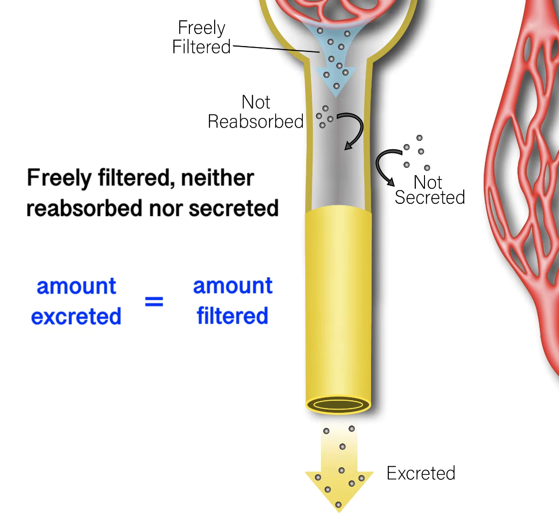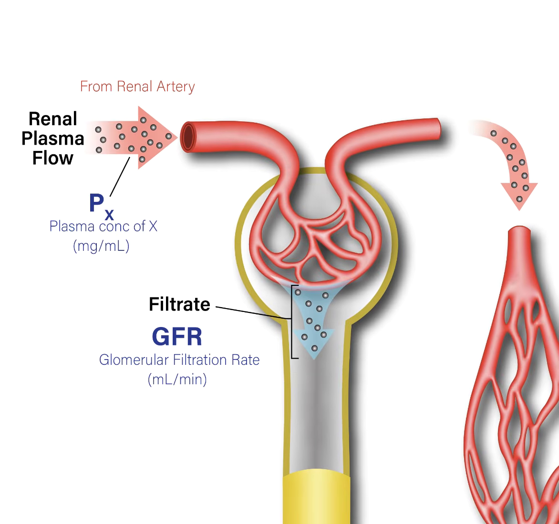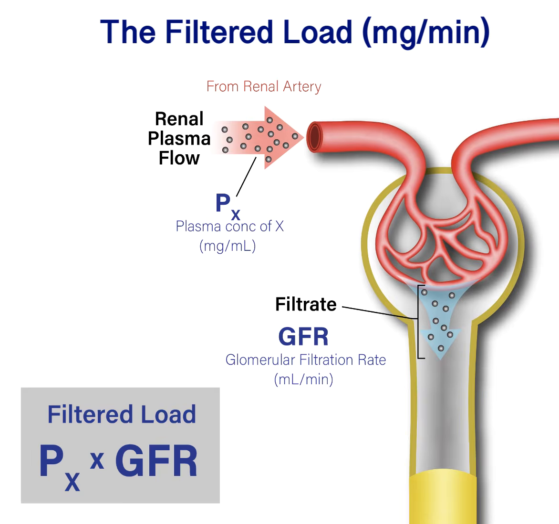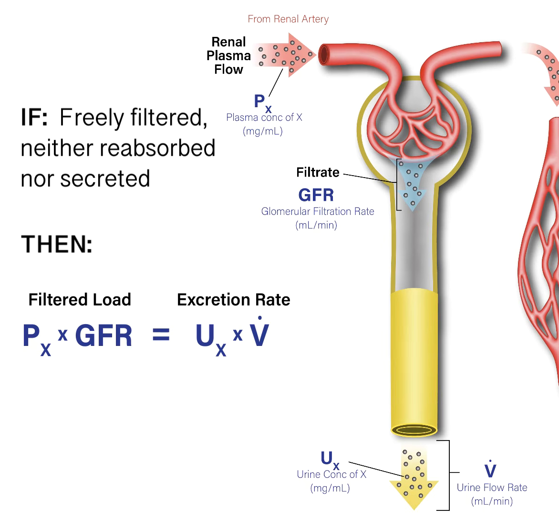Let's formalize this a bit more. The amount that is filtered per unit time is called the filtered load, usually expressed in milligrams per minute. The filtered load of substance X is the product of the plasma concentration of X and the GFR. Remember, when a substance is freely filtered and neither reabsorbed nor secreted, that means that the amount filtered, that filtered load, is equal to the urinary excretion rate.